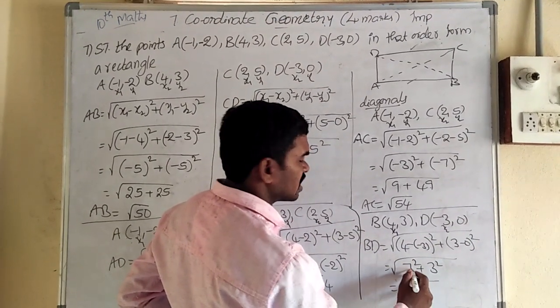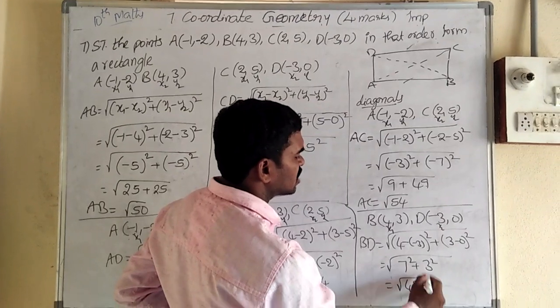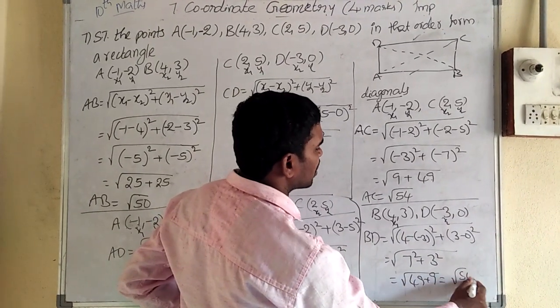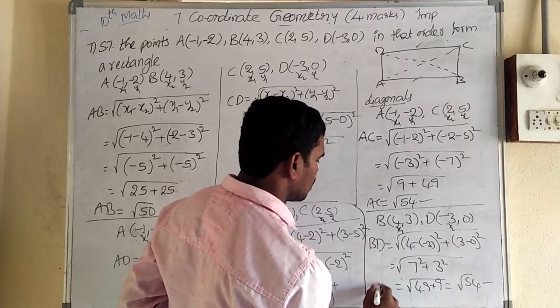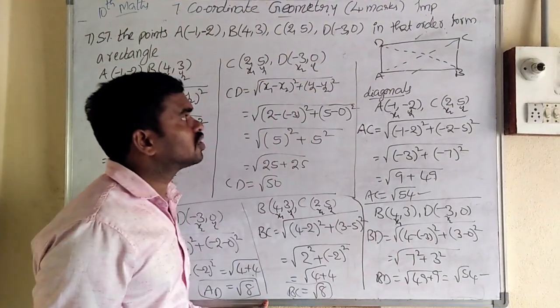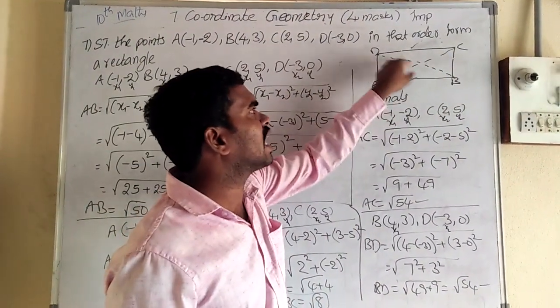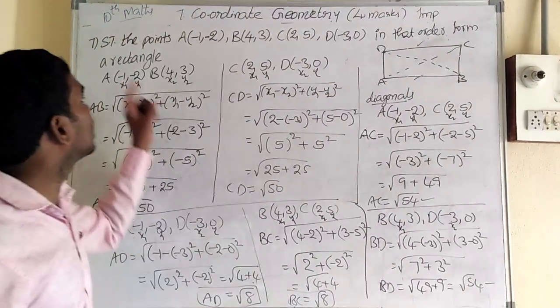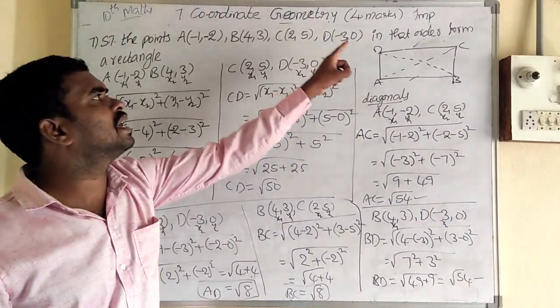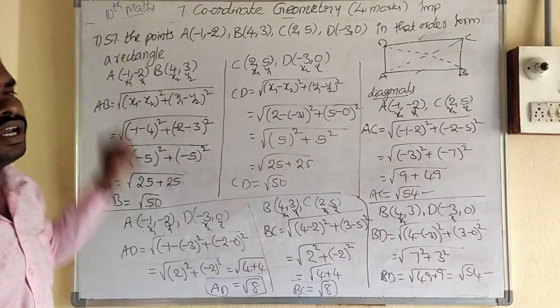So root 7 square, sorry, 7 square means what? 49. 3 square means 9, is equal to root 54. Got it? Both diagonals same or not? Equal, same. So opposite sides are equal, diagonals are equal. Therefore, the given points A, B, C, D in the order form a rectangle.